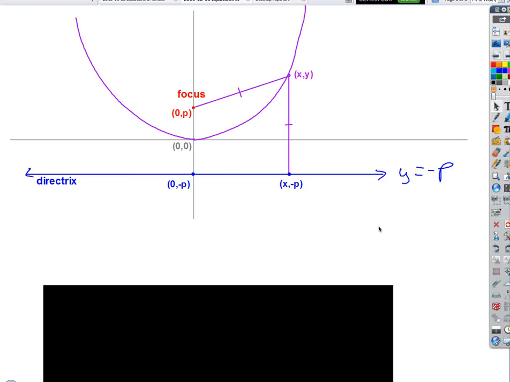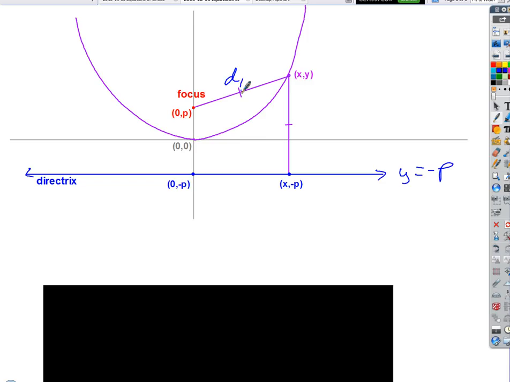How do we define this distance? Let's say this distance right here. Let's just call it, for now, D1. How do we define D1?